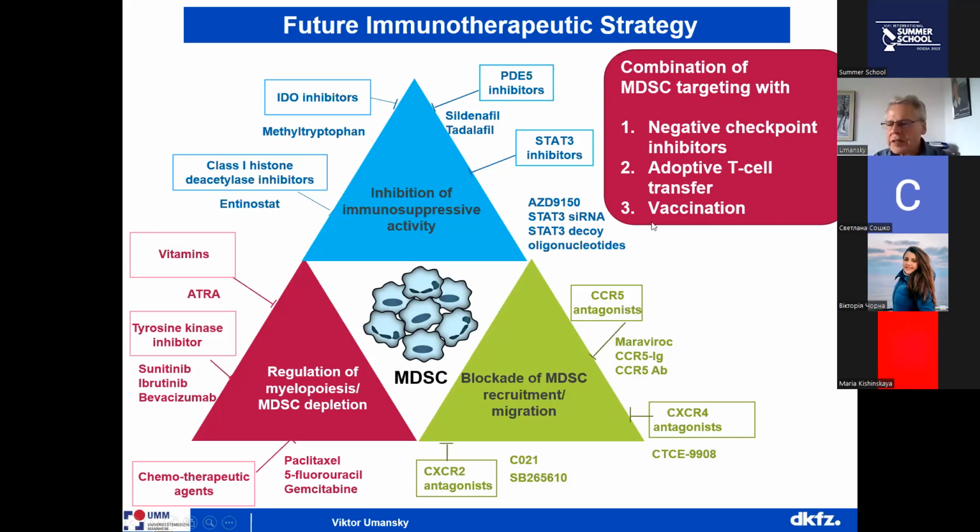And in case we're dealing with, for example, not so immunogenic tumors, it makes sense to use vaccination to increase the immune response, and then try to block the activity of myeloid-derived suppressor cells. I just want to illustrate this on this slide.